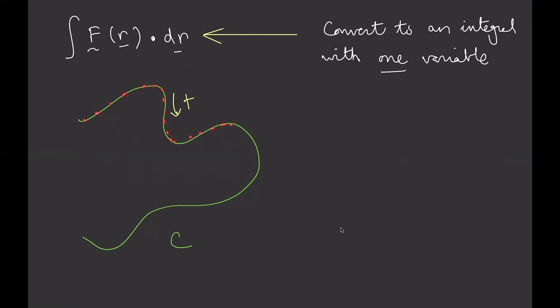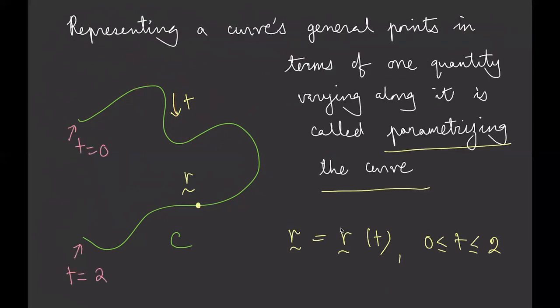So if it is possible for me to identify my location along the curve with respect to just one object, t, then at each different value of t, this integrand is going to take different values, and then I just want to add everything together. So I want to somehow convert this to an integral with just one variable.